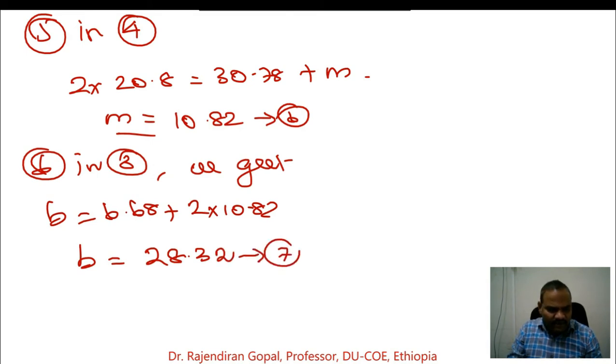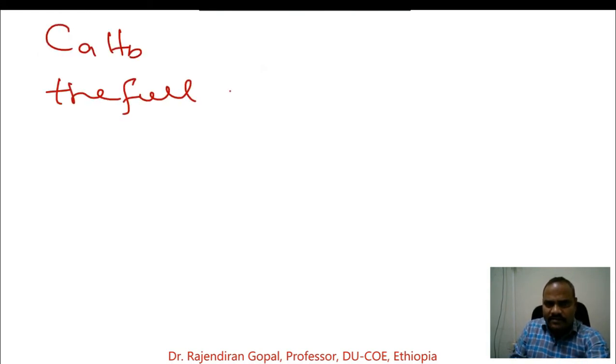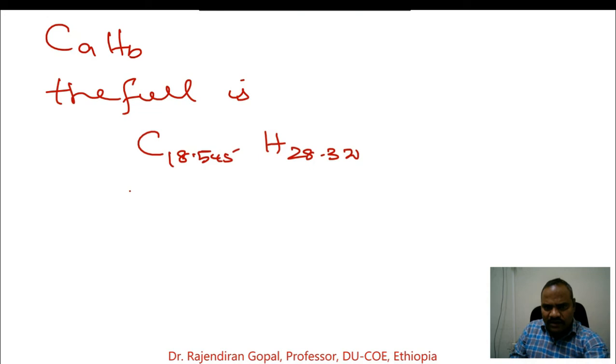This is equation 7. Now from this analysis, we can find that CaHb, the fuel, is C18.545 H28.32. That is, we can write CH1.527.